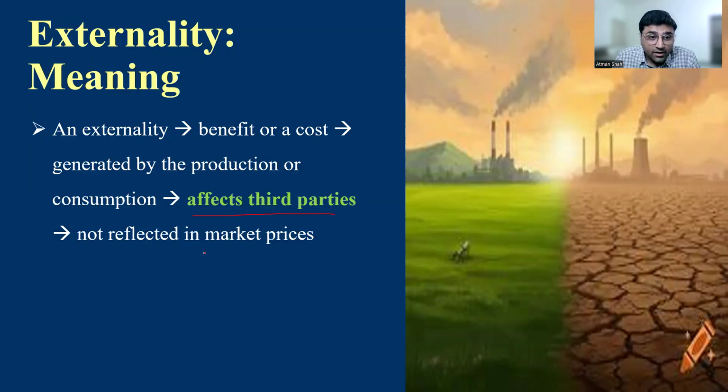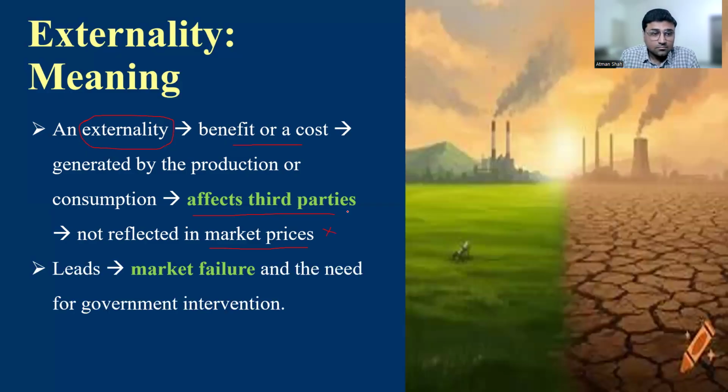And therefore, it is not reflected in market prices. So this externality, whether it is external benefit or external cost, is not reflected in market prices, but it is affecting the third party or the society, which is not directly involved in the transaction process.